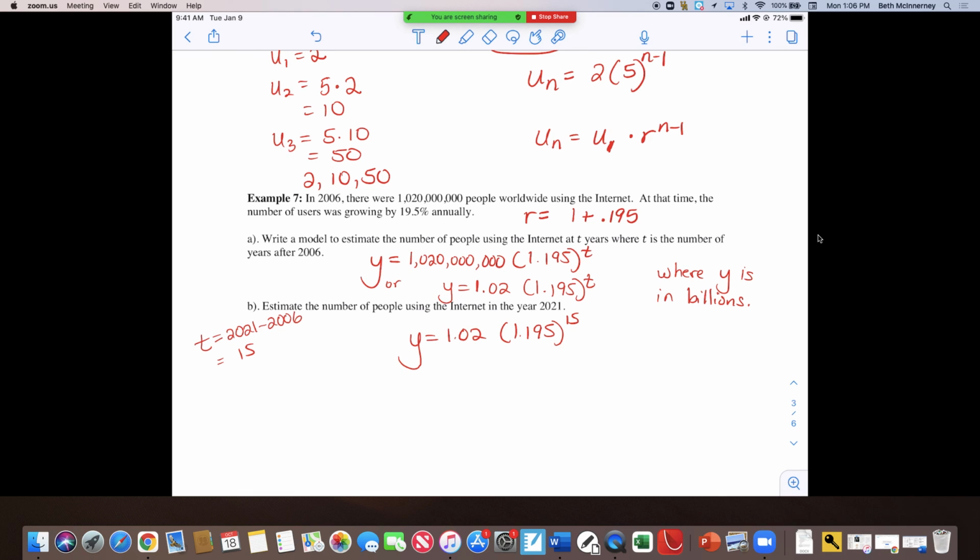So go ahead and take your 1.02 times 1.195 to the 15th power. That would be 15 years later. And I'm getting 14.76 billion people.